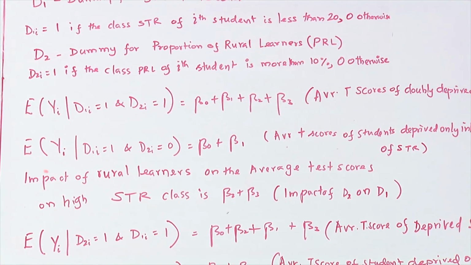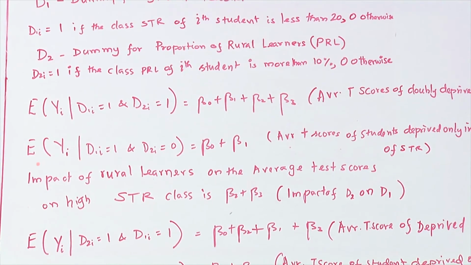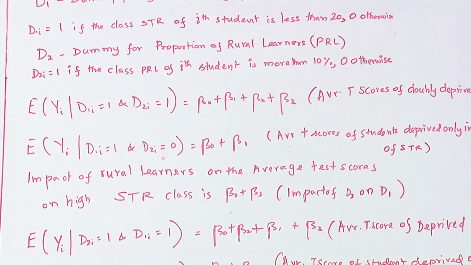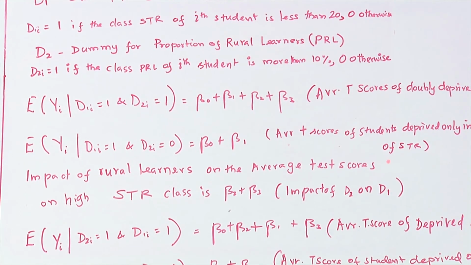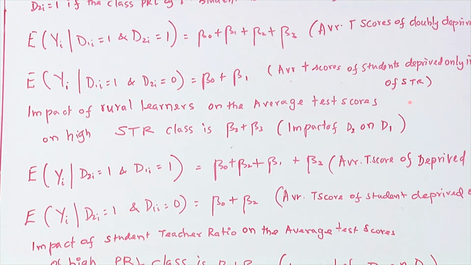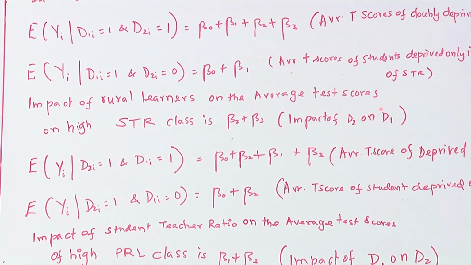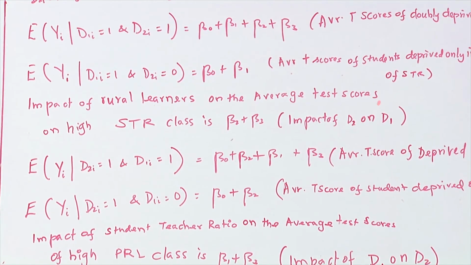And we can again find another conditional average, that is expectation of yi given D1i is equal to 1 and D2i is equal to 0, that is beta 0 plus beta 1, that is the average test score of students deprived only in terms of STR, not in terms of the PRL.